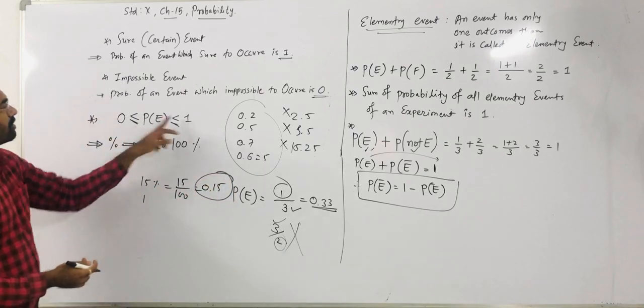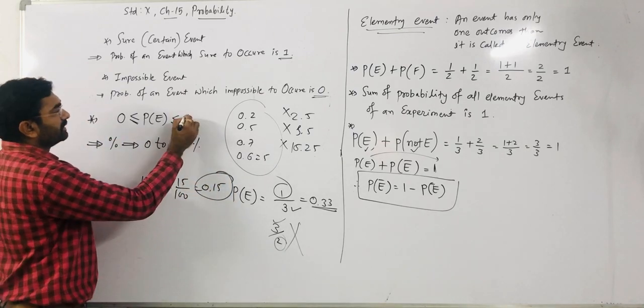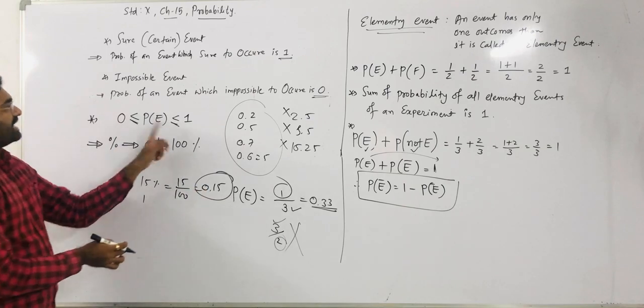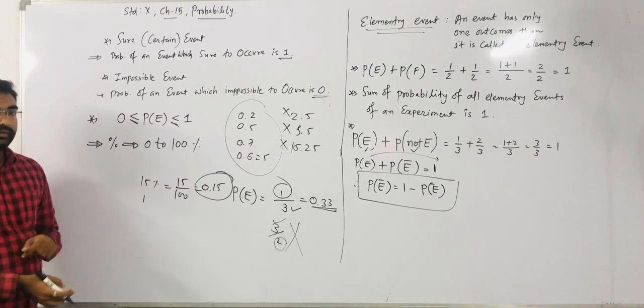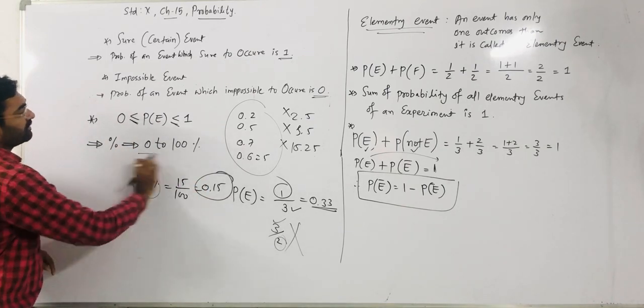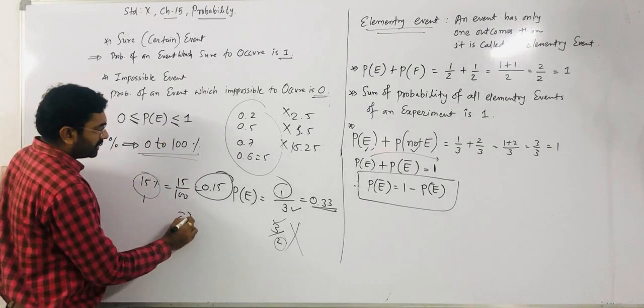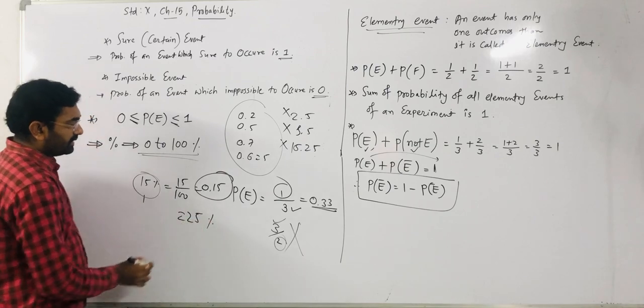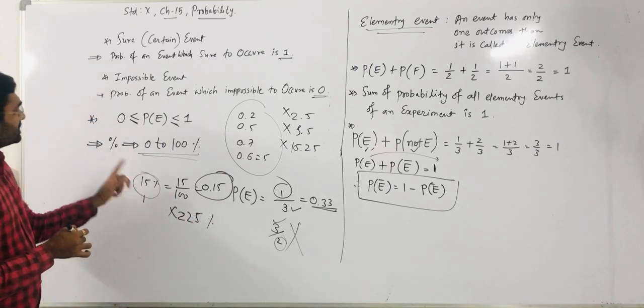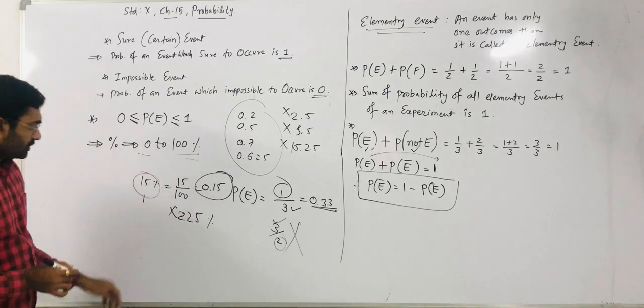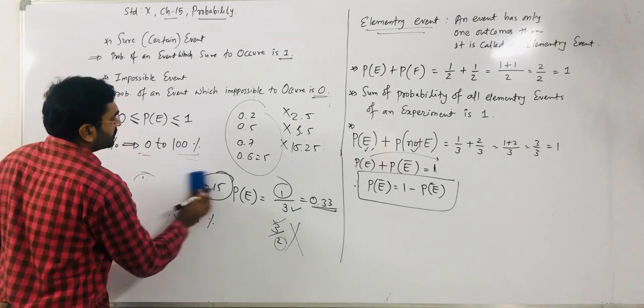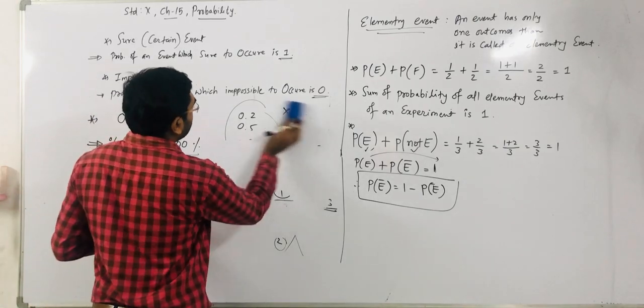As I told you, the probability of any event lies between 0 to 1. 0.15 always lies between 0 to 1. So in percentage, the value we require is between 0 to 100. Suppose anyone says that we get 225%, so this is wrong. In percentage, which value do we require? Between 0 to 100. Okay. So these are the important things.